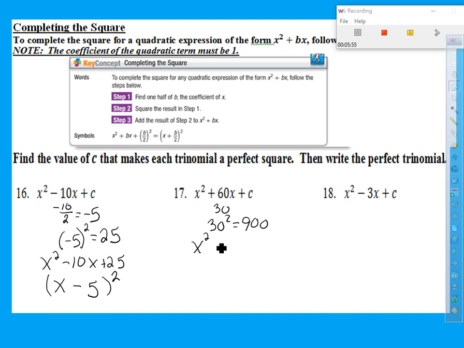So this becomes x squared plus 60x plus 900. As a perfect square trinomial, it's x plus 30 squared. Now this number is really important because when we complete the square, we have to do that to both sides.